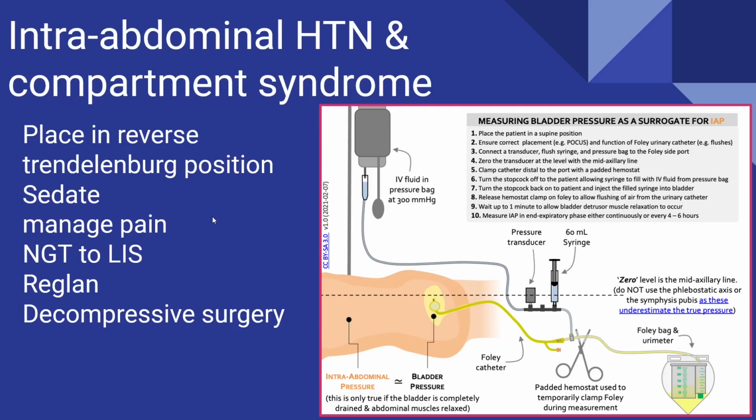Another thing we could do to help with intra-abdominal pressure is place the NG tube to low intermittent suction and give Reglan to clear out the abdominal system. And then if necessary, if it's very high for an extended period of time, they can do decompressive surgery and go in and figure out where this high pressure source is coming from.